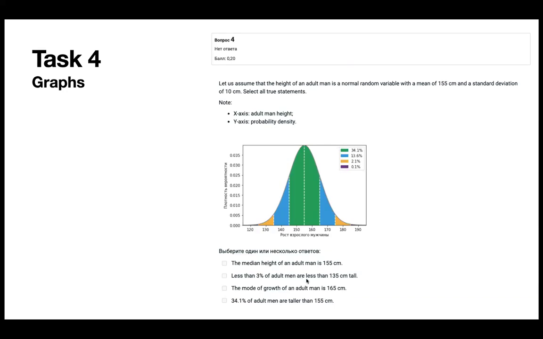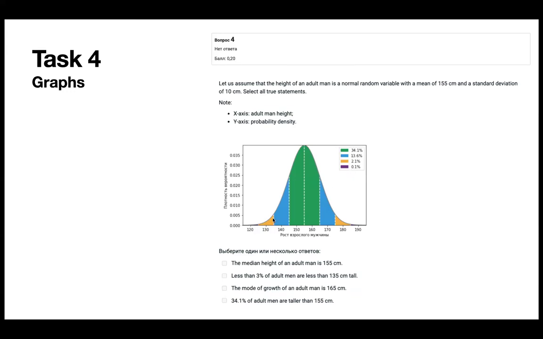Next, less than 3% of adult men are less than 135 centimeters tall. Here is 135, and we want to calculate that part of the distribution. We can see that that part and that part give us 2.1% and 0.1%.